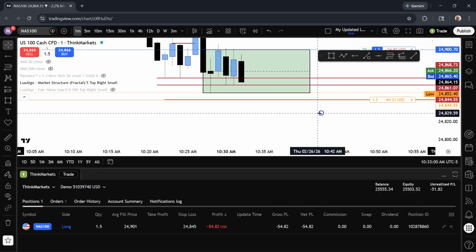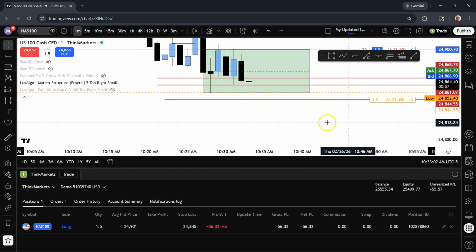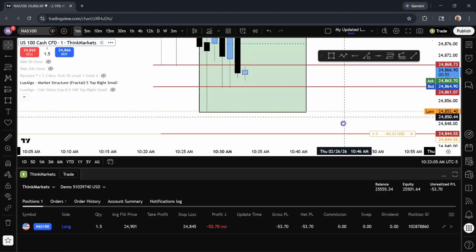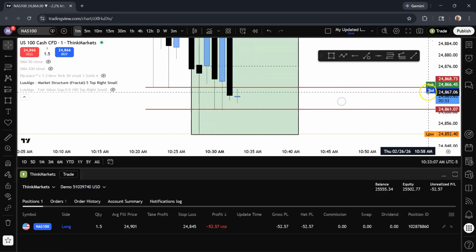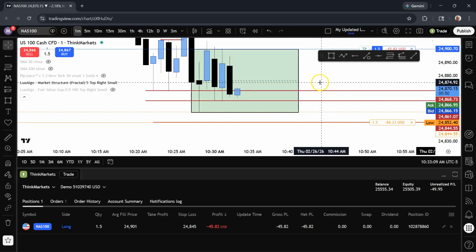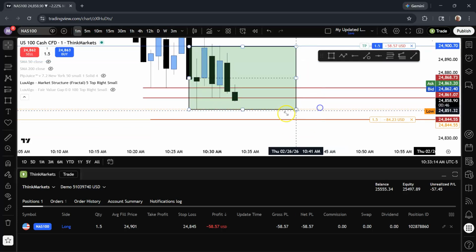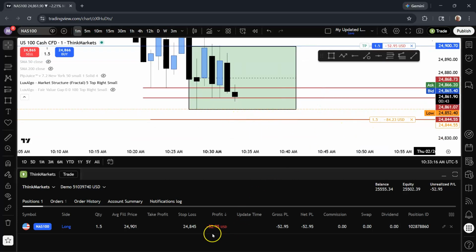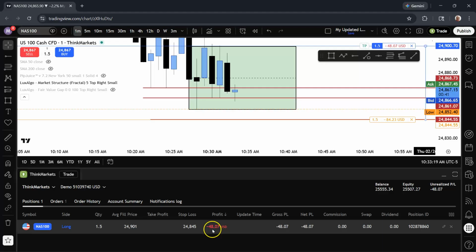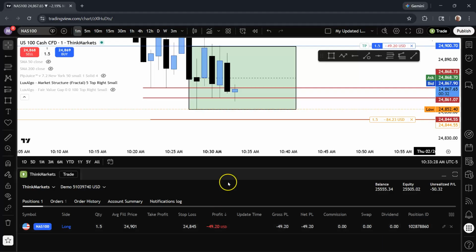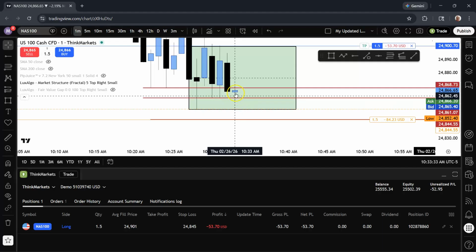And that would be the box right there. Okay. Yeah, it's coming after my stop. Hopefully this candle closes as a doji.